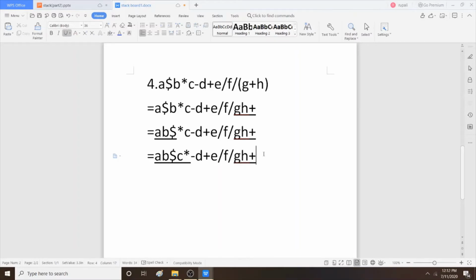Now next, minus plus by, because by has greater priority than minus plus, so we will work on this by. So just copy this thing.